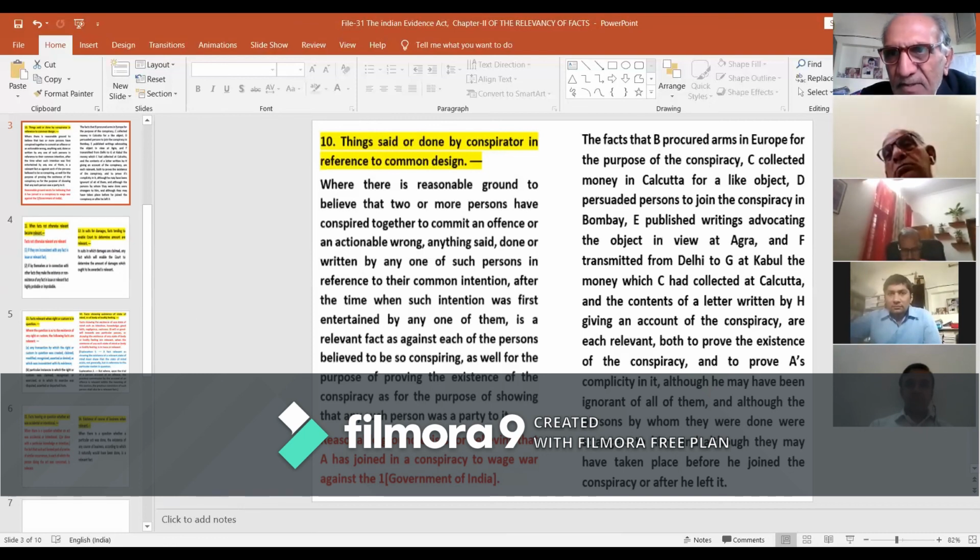Reread it, punctuate it well, and then reach the real implications of this provision.